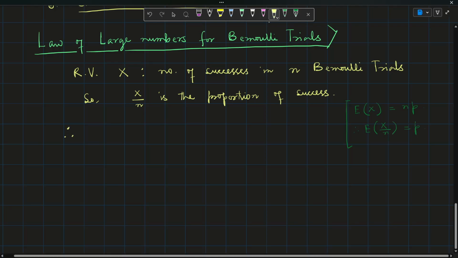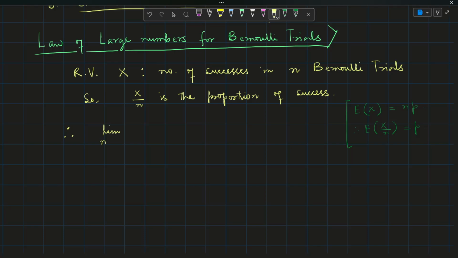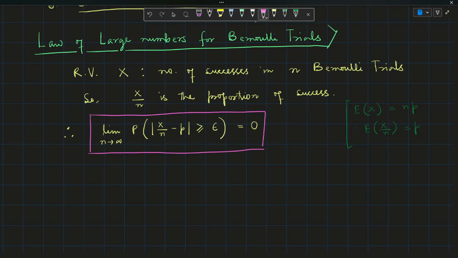So if you write down the law of large numbers, limit n tends to infinity, probability of |x by n minus p| greater than or equal to epsilon is equal to 0, and epsilon can be any positive number, as small as possible.